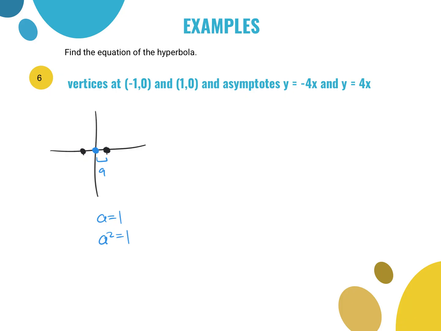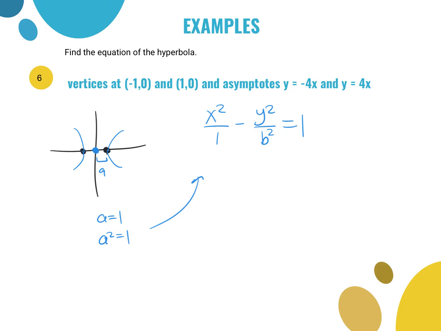I also know that because my vertices are on the x-axis, it's going to open side to side, and that would make a squared with the x squared, and then b with the y squared. And then I can just go ahead and plug in that 1. It's going to go somewhere right there, over 1.